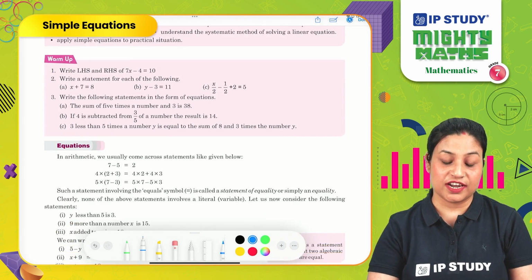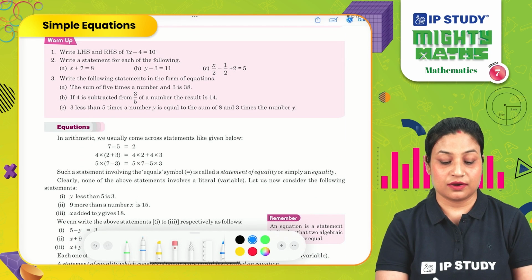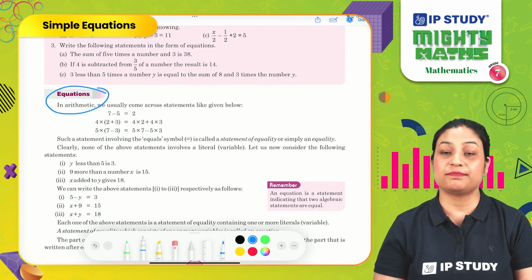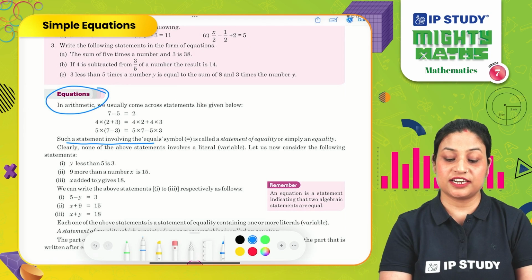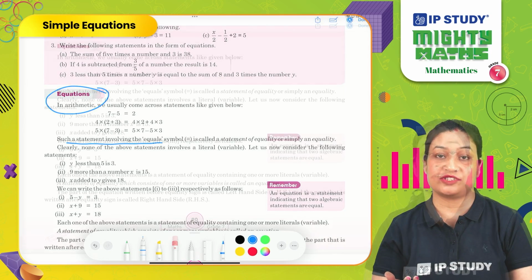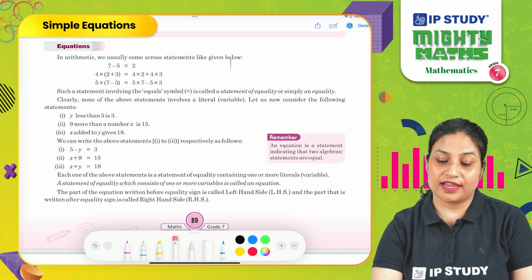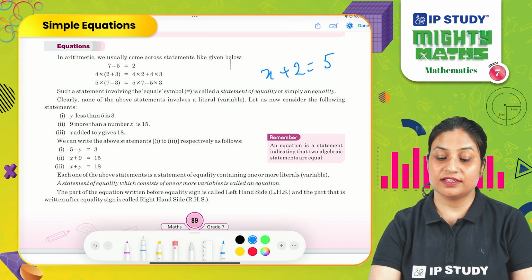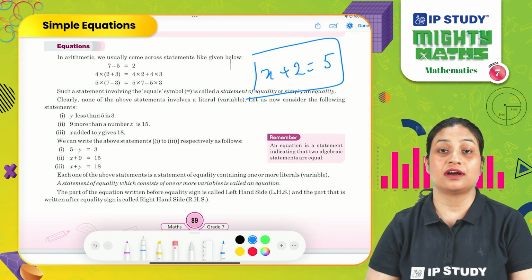So first of all, let's see what is an equation. So basically an equation is a statement that involves some variables as well as a sign of equals to. So if I write x plus 2 is equals to 5, this is an equation. How come?